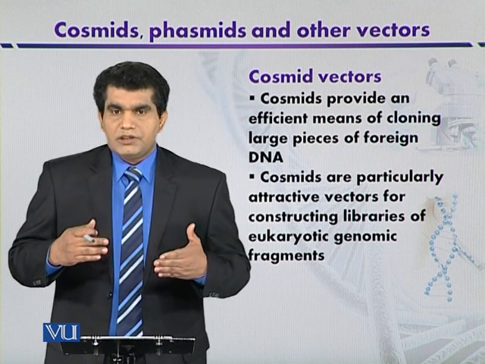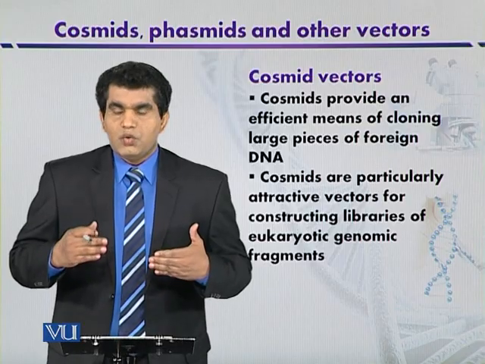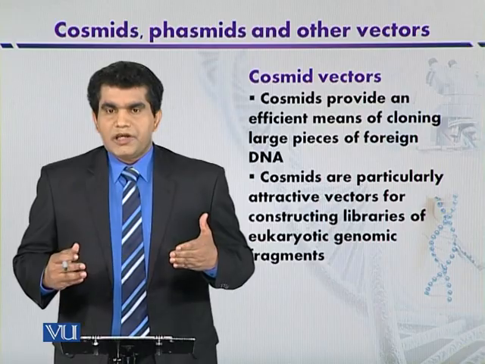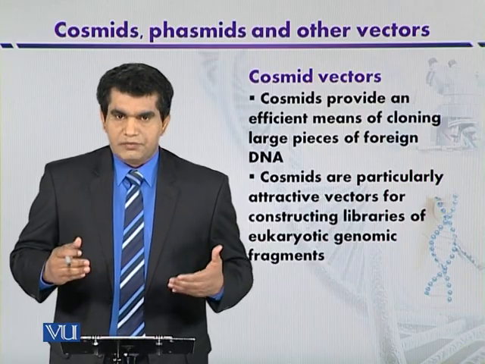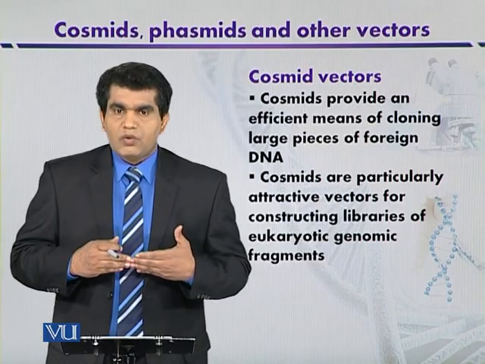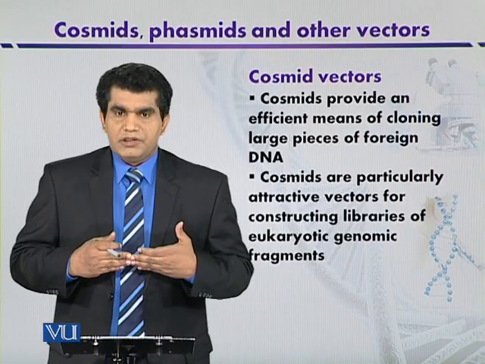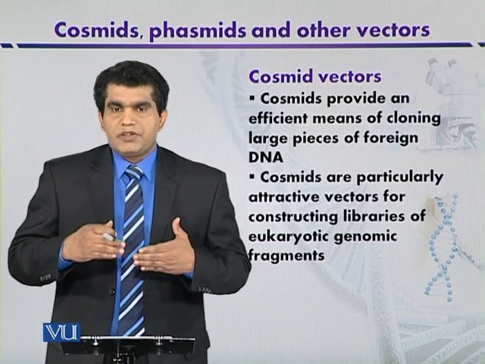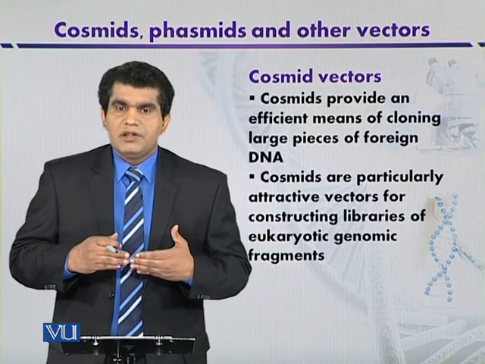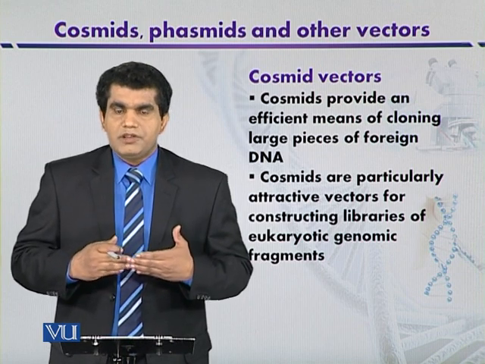This difficulty can be overcome by treating the genomic DNA with alkaline phosphatase. If you remember, that can remove the 5' phosphate. And if this problem is solved, there is another problem: vector to vector ligation can break after subsequent transformation. Such difficulties have been overcome by the use of modified Cosmid vectors.